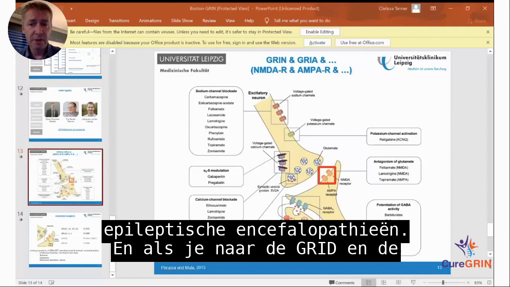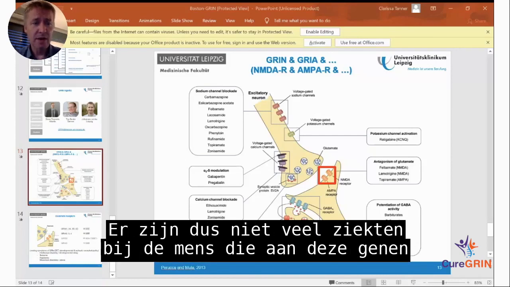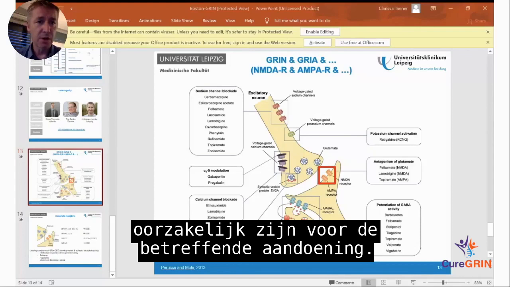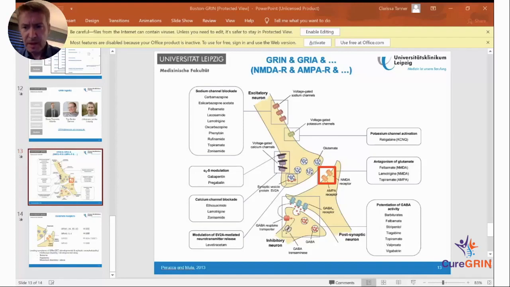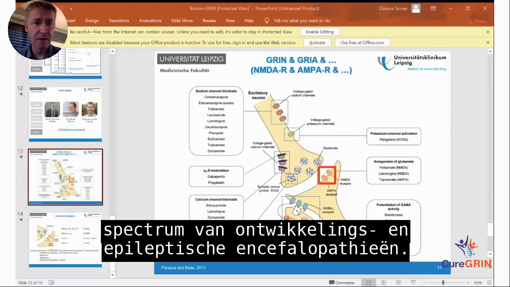And if you look at the GRID and the GRIK genes, there's not much known yet, so there are not many human diseases linked to these genes in terms of pathogenic variants that are causative for the respective disorder. That's why I marked them in gray. But they also contribute to the same phenotypic spectrum of developmental and epileptic encephalopathies.